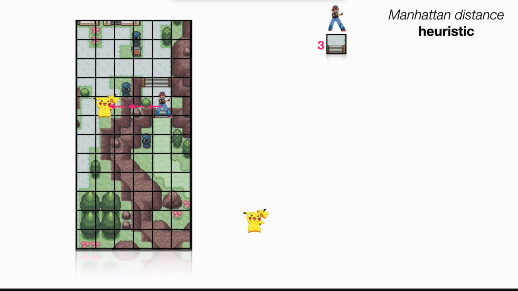We're not allowed to move diagonally. It's called Manhattan distance because Manhattan in New York is laid out in a grid pattern, and so people think of it in terms of city blocks. Here, the heuristic says that Ash is 3 actions away from reaching Pikachu.